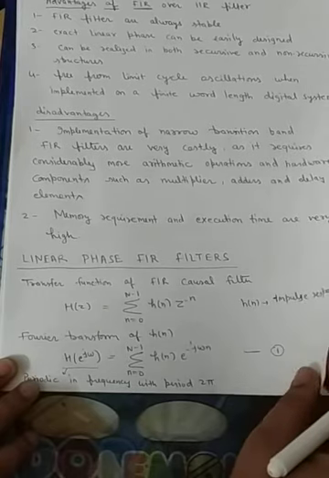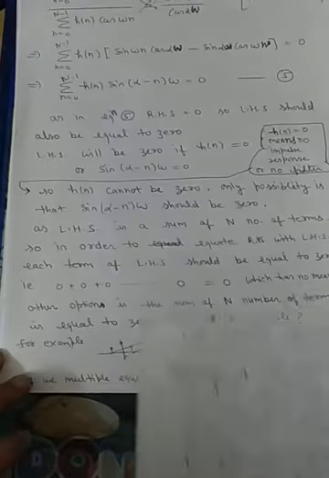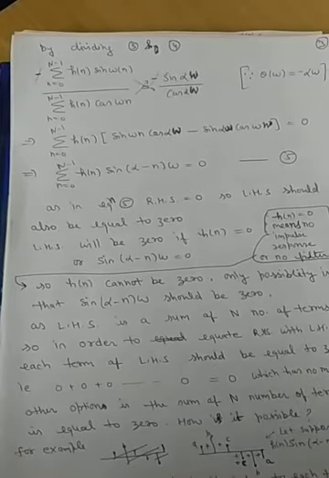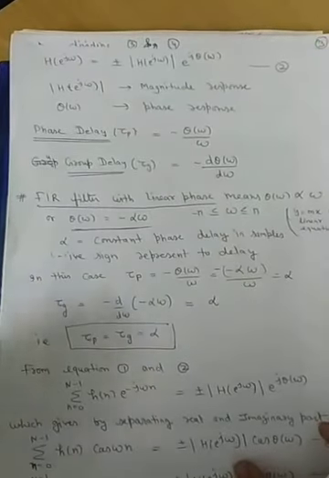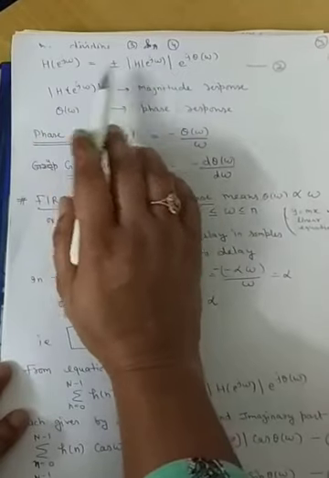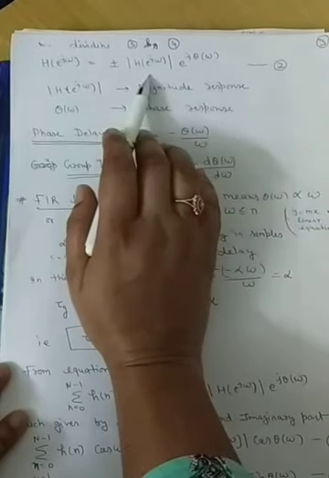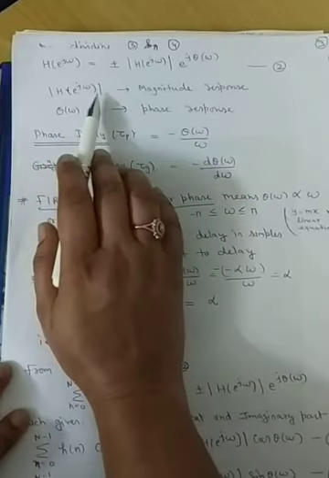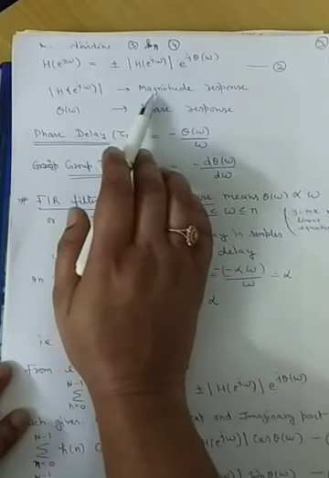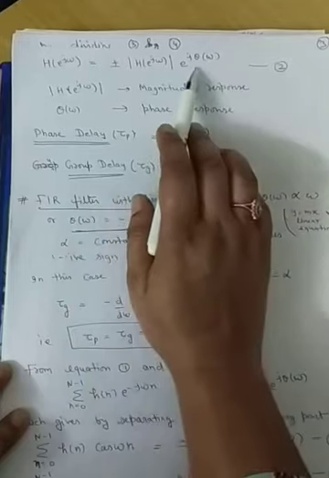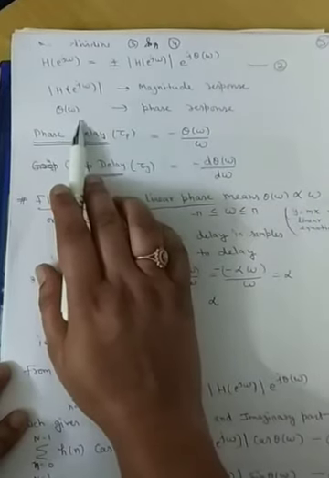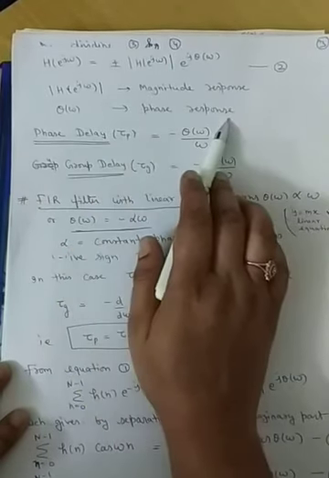This complex number can be expressed mathematically in the form of the magnitude of the complex number and its phase. This magnitude is termed as magnitude response, whereas phase of the complex number is termed as phase response.